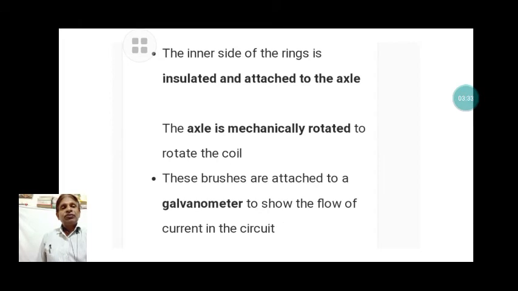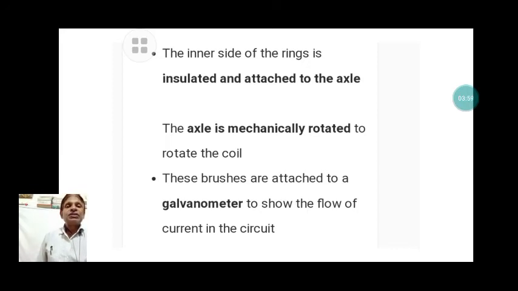Also keep in mind that the inner side of the split ring is insulated and attached to the axle. The axle is rotated along with the split ring, which rotates the coil. When the axle is rotated, the coil is rotated in the magnetic field.